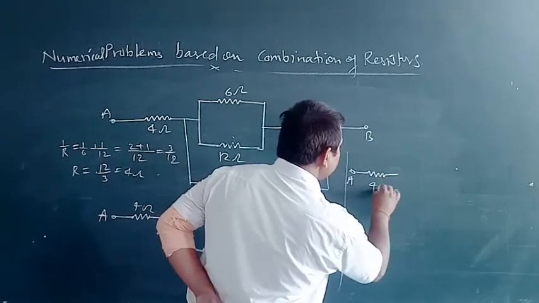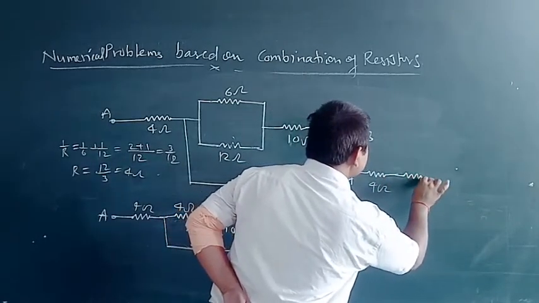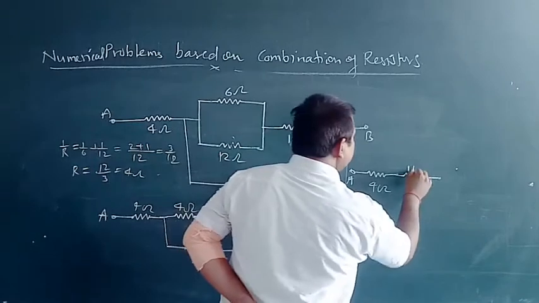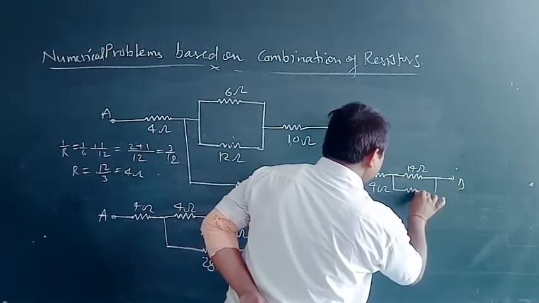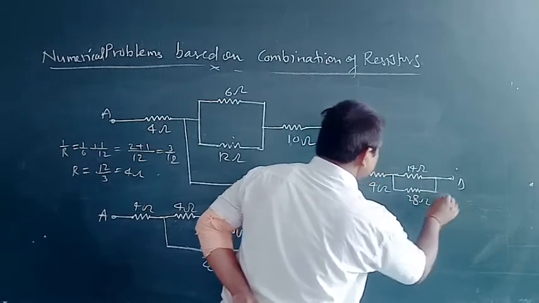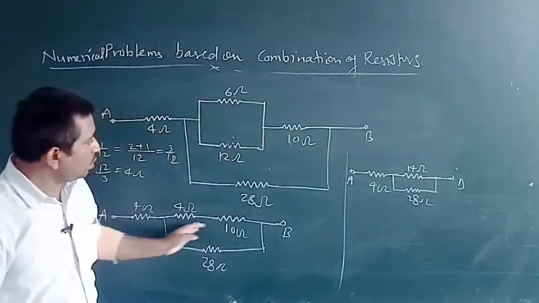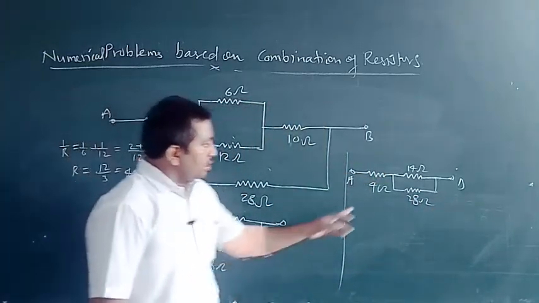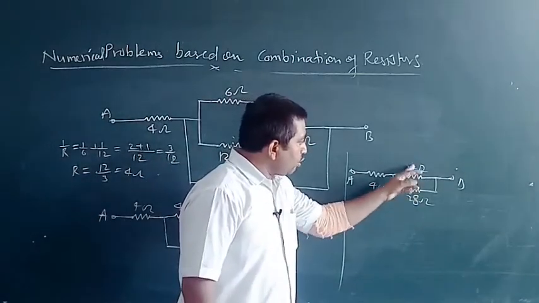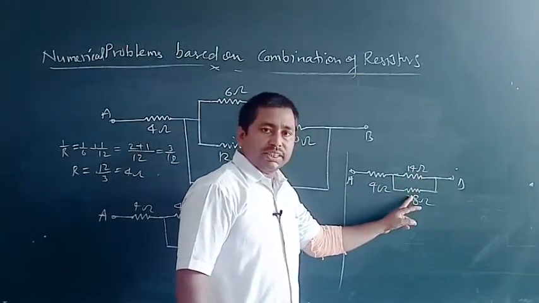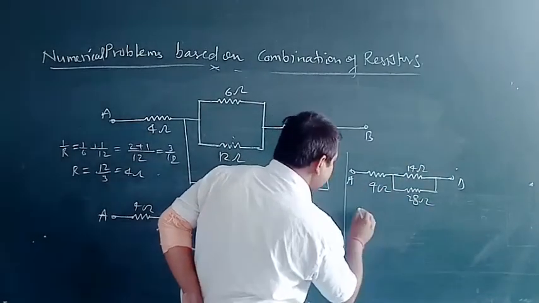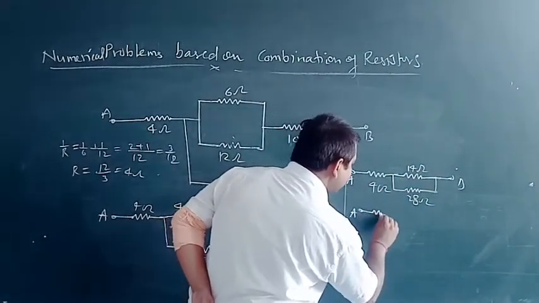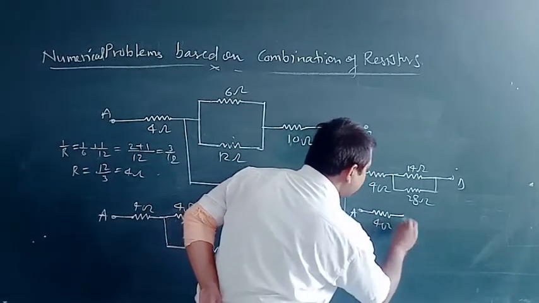There is a 4 ohm resistor, here is a 14 ohm resistor, and another resistor of 28 ohm connected in parallel with this. What will be the net equivalent resistance of these two resistors?